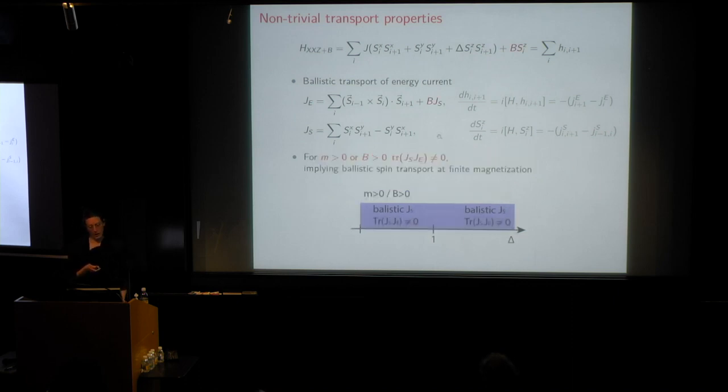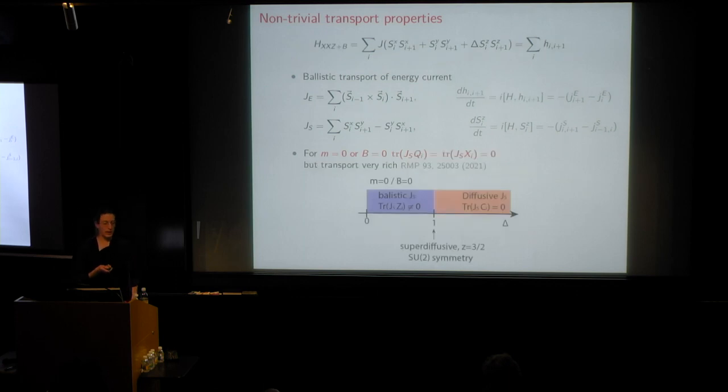Also, if we put such a chain in a magnetic field, the spin current will be part of the energy current, and thus we'll see ballistic transport also for the spin, or for the magnetization. And even more exotically, when we shut off the magnetic field, it turns out that the spin current becomes very rich.